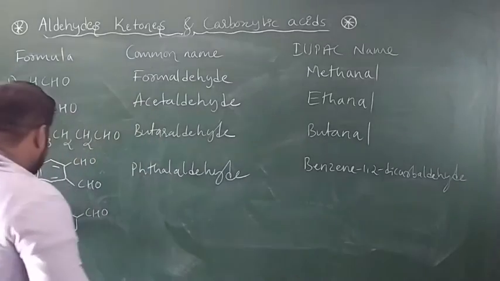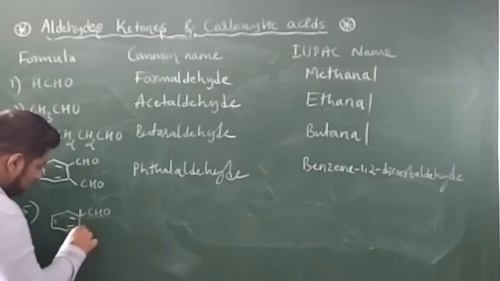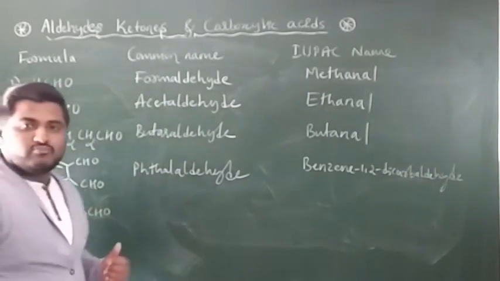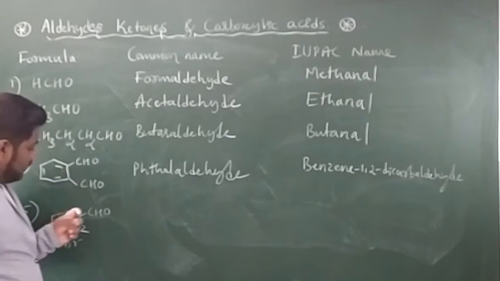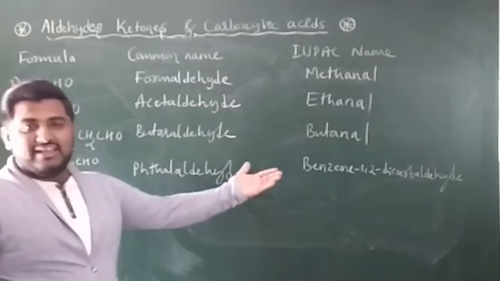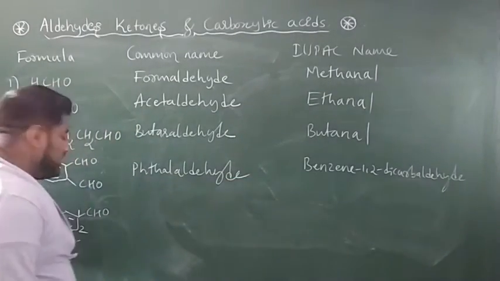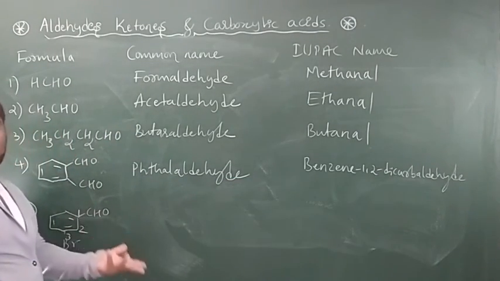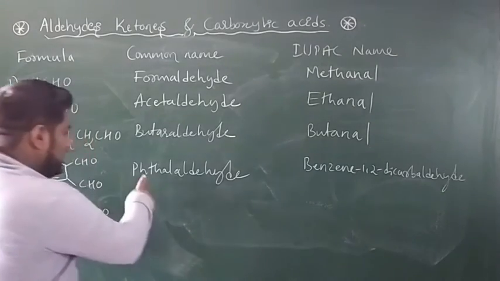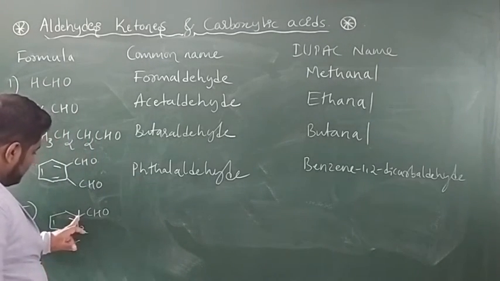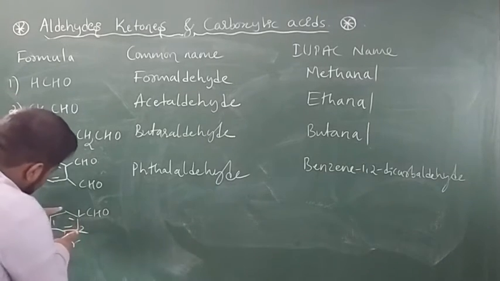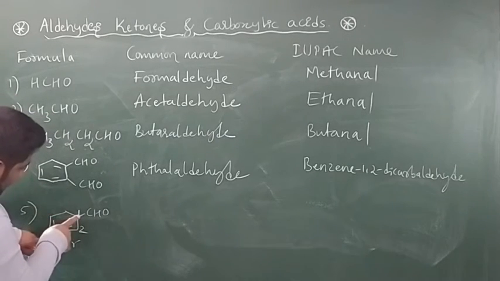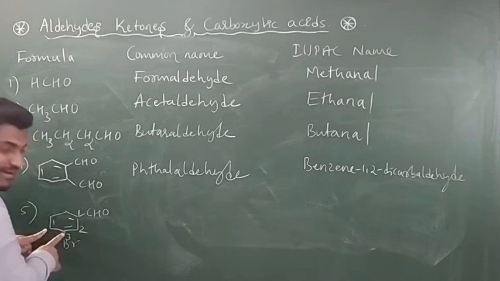Okay. Next one. Benzene is there. Carefully see here. 1, 2, 3. So at the third position a bromine group is there. So you can write 3 bromo benzene 1 carbaldehyde, or benzene 3 bromo 1 carbaldehyde. Both are the same. In the common system, these are ortho positions, this is a para position, and this is a meta position.